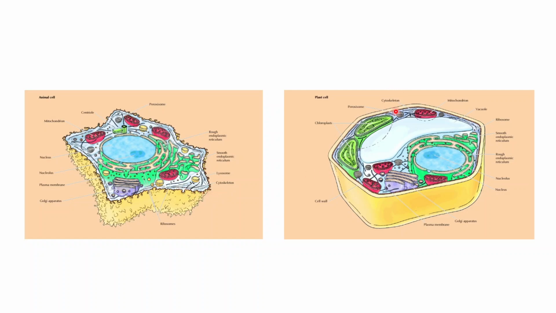Similarly, in plants, you have a much larger vacuole, and you also have your mitochondria, cytoskeleton, peroxisomes. Of course, the major added things are two: one is the chloroplast, which is important for photosynthesis, and the cell wall, which gives it a much more rigid structure than your animal cells.